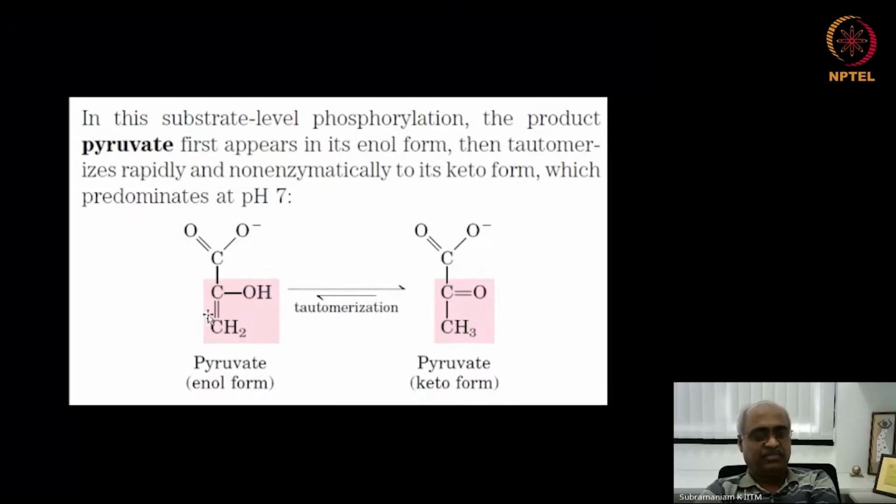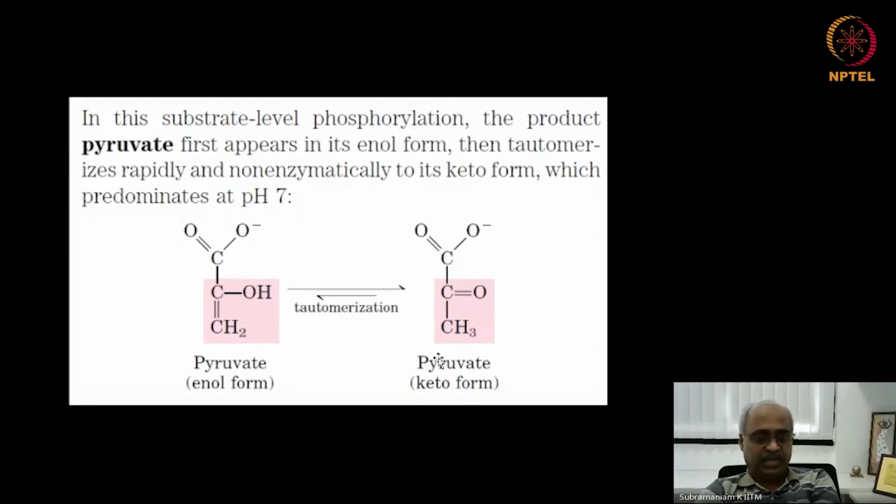So this is the pyruvate in the enol form, and this is the keto form. So this is the carbonyl group. We call this the keto group, and this is the enol. Because this is an ene, alkene, that double bond, and here you have the alcohol group. That's where this all comes from, so that's why it is called enol.